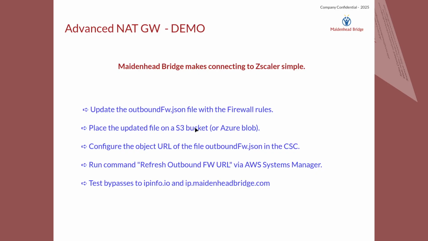Then on the connector, we will configure the object URL of this object, and finally we will send a command to all connectors in my cloud saying refresh Outbound Firewall URL. And finally we are going to test the bypasses of each site.